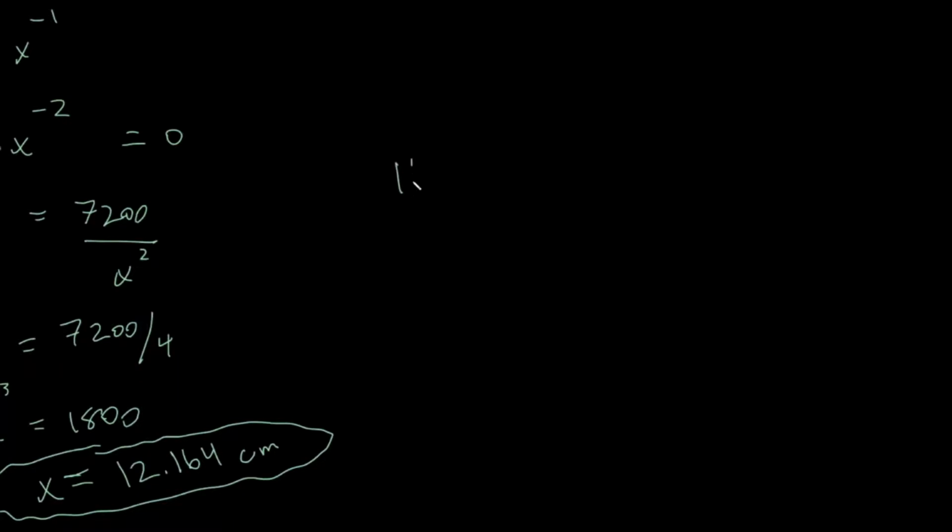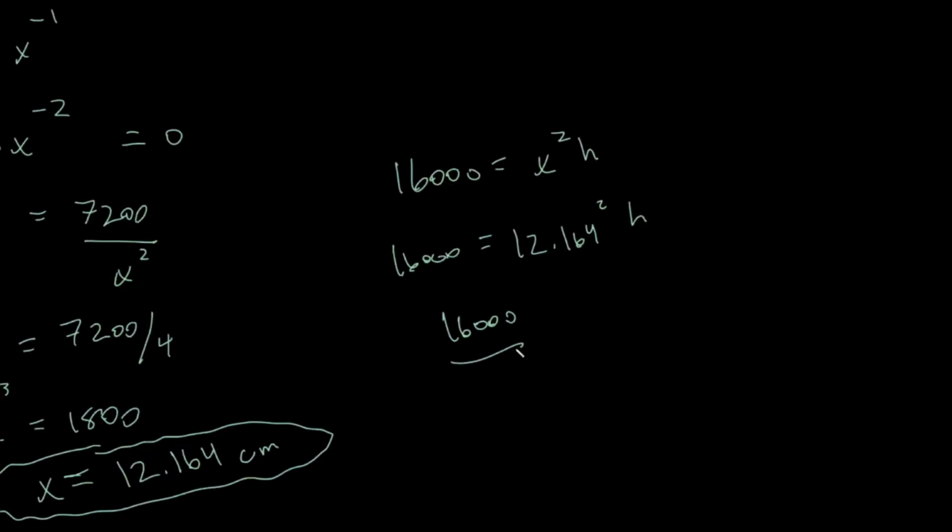So our volume is 16,000, and that is x squared h. This is from before, right? So that is 12.164 squared times h. So if I want to find h, I want 16,000 divided by 12.164 squared.